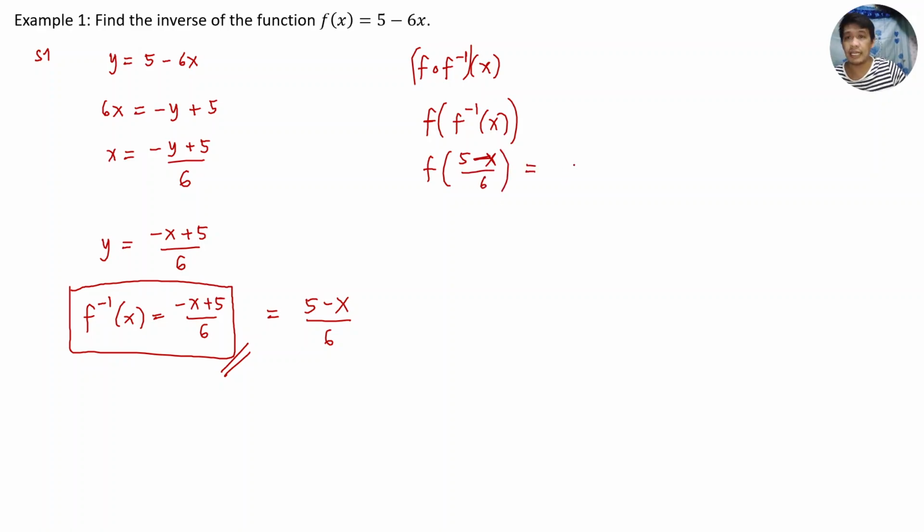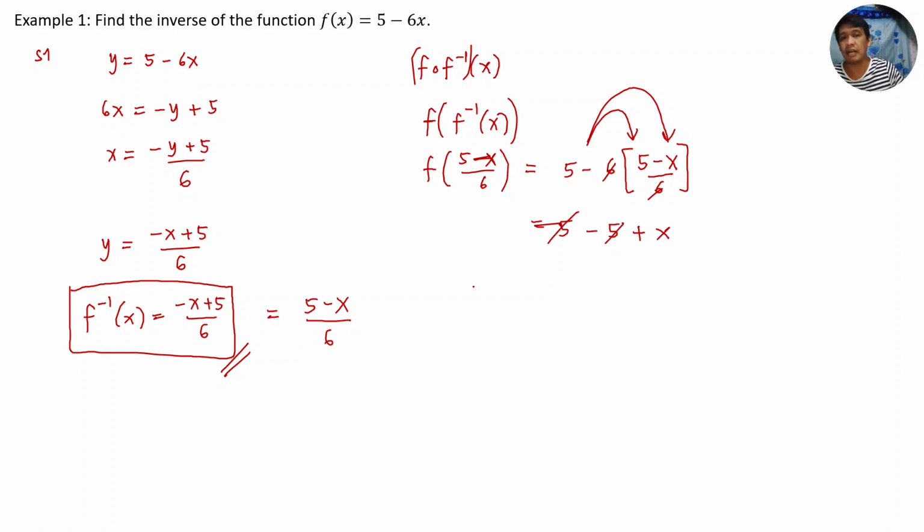So this is 5 minus 6 times the quantity 5 minus x all over 6. That 6 cancels out. Then we distribute that negative. There becomes 5 minus 5 plus x. So 5 minus 5 cancels out. Then f circle f inverse of x is equal to x.